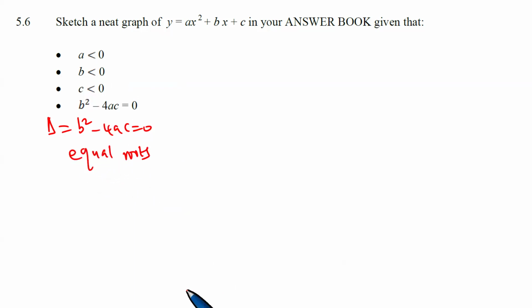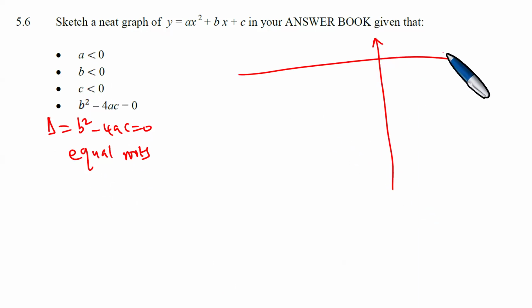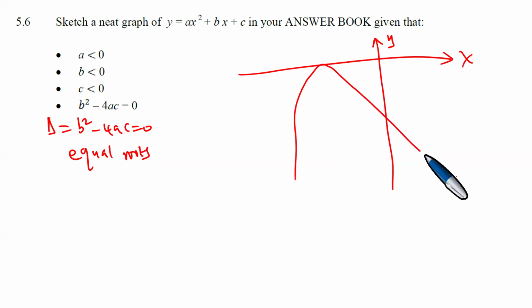Okay, so if we have equal roots, then what do we do to actually be in a position to sketch this graph? So surely this graph, without wasting much time, can be drawn exactly like so. Okay, given this is our y and this is our x-axis, and the graph is like this.